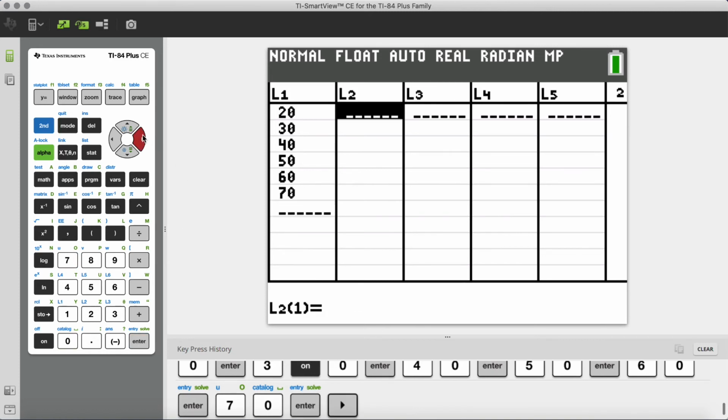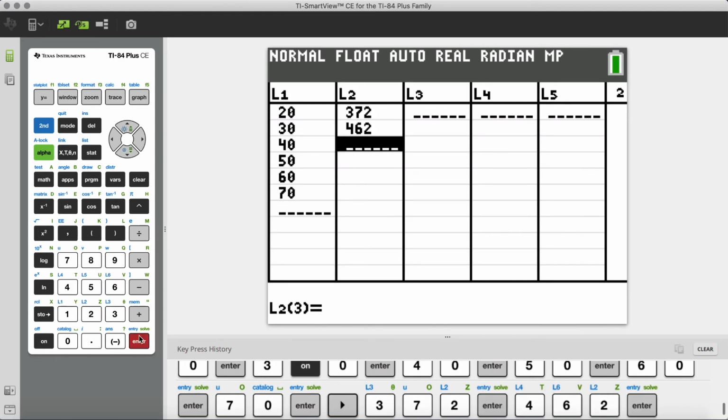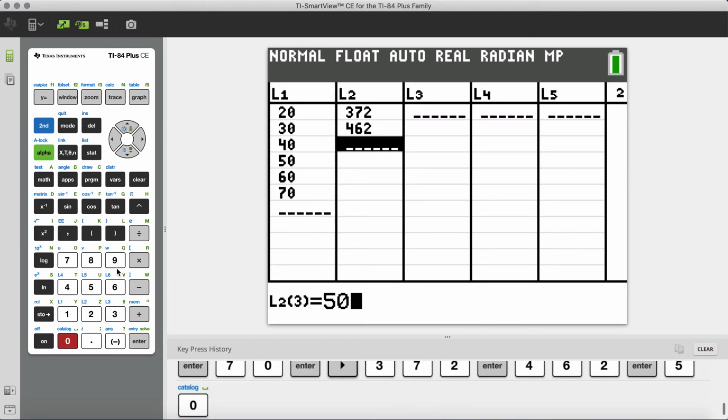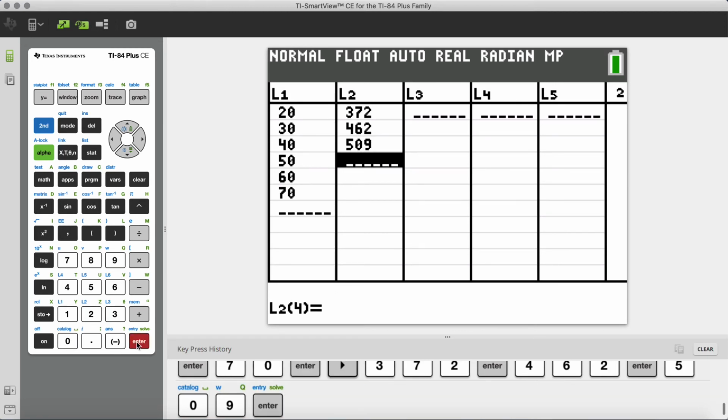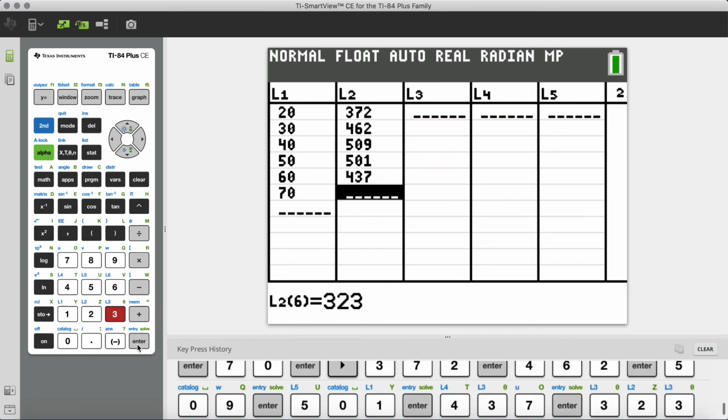And then our y values are going to be the distance in feet, so 372, 462, 509, 501, 437, and 323.